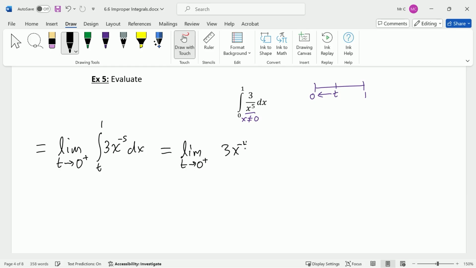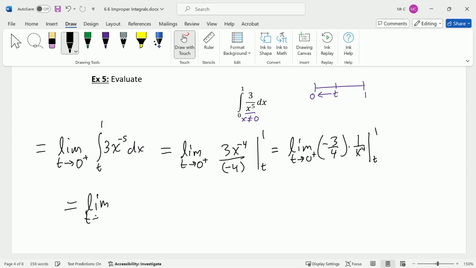That becomes x to the negative 4th divided by the new power, evaluated from t to 1. This is the limit as t goes to 0 from the right of negative 3/4 times 1 over x to the 4th, evaluated from t to 1.